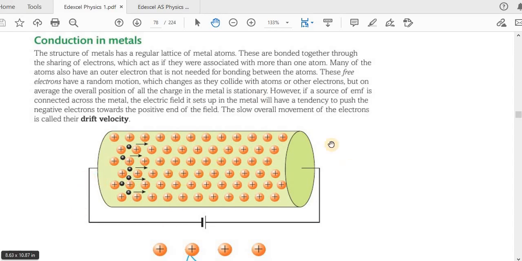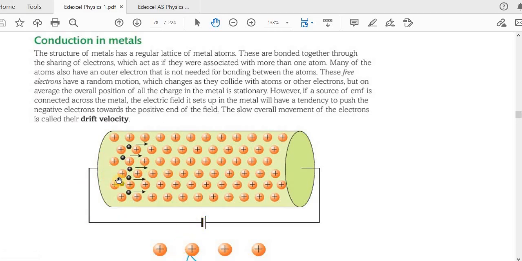That is without a potential difference applied to it. But once a potential difference is applied, those electrons will move towards the positive terminal of the power supply, because electrons are negatively charged, so they will be attracted to the positive terminal. Now on this side, this is the negative terminal, negative repels.